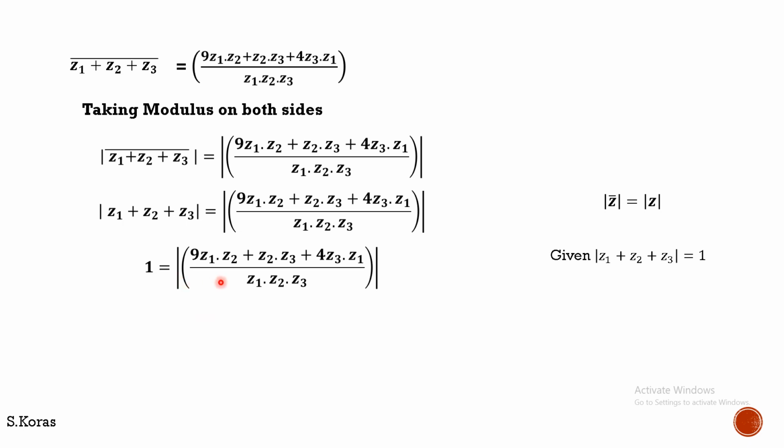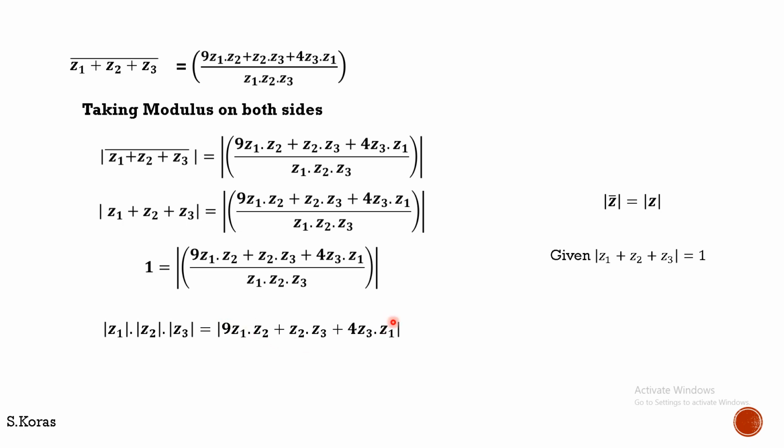So this modulus of z1 into z2 into z3 can be written as modulus of z1 into modulus of z2 into modulus of z3 on this side. So the equation becomes like this: modulus of z1 into modulus of z2 into modulus of z3 is equal to modulus of 9 into z1 into z2 plus z2 into z3 plus 4 into z3 into z1. This is what we have to find.